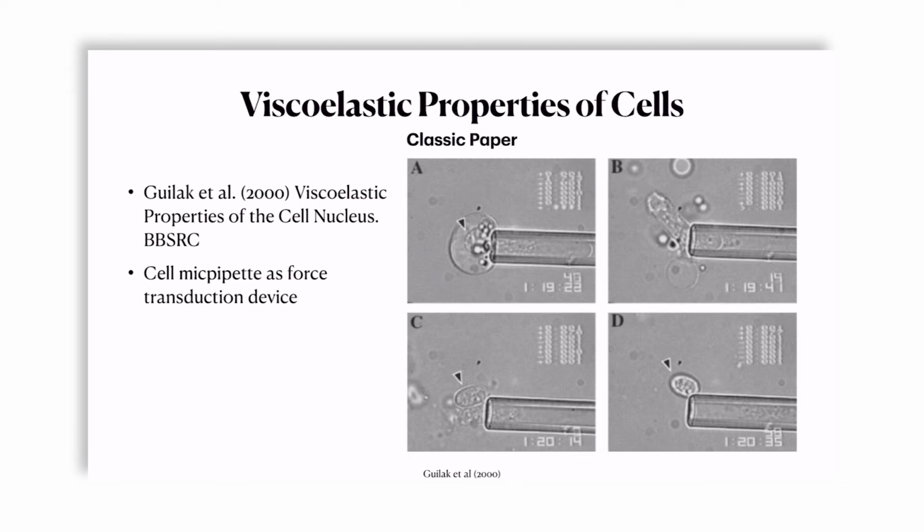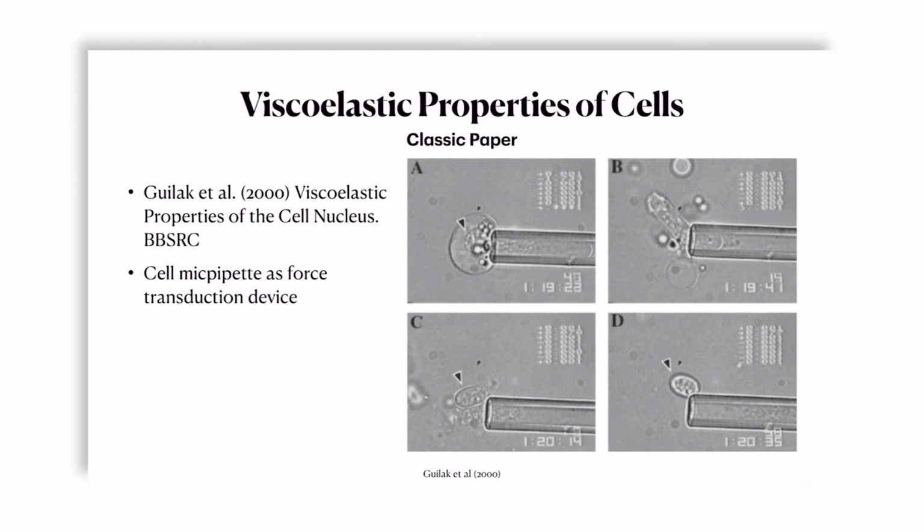So the experiment initially involved isolating the nucleus of a cell. What you're looking at in A is a whole cell, and by successive aspiration and expiration, A, B, C, the workers Oobleck and company could destroy the cell body.